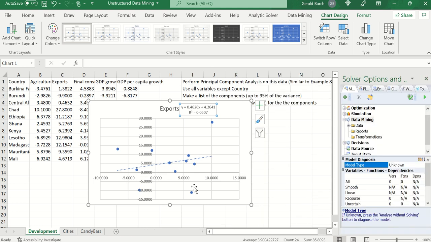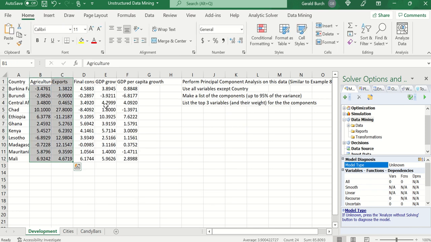Now, what I just mentioned to you was just looking at two variables. You can probably extrapolate that you could also do a line between exports and final consumption. So that could be another component. Or what happens if I list all three of those and try to create one line through all three at the same time?